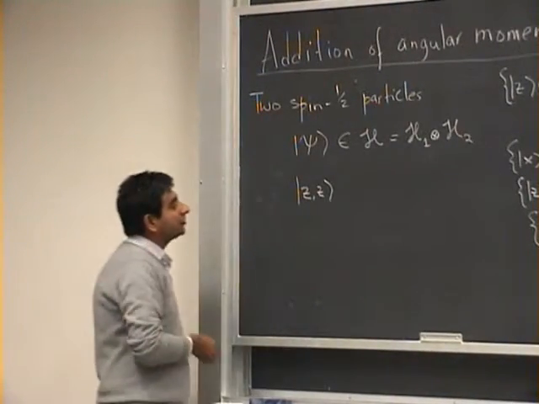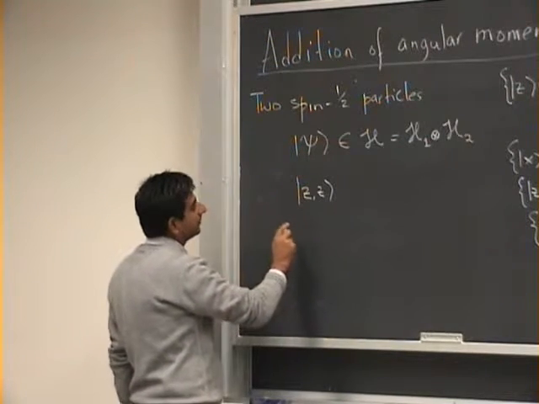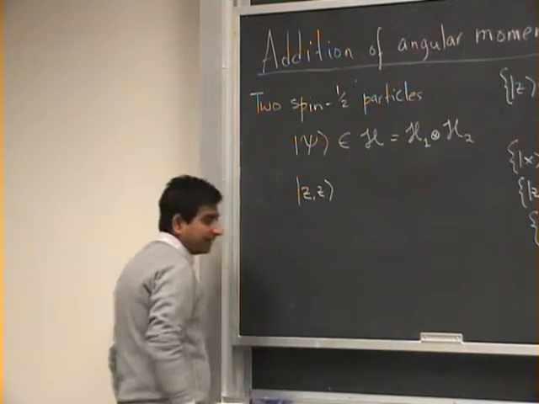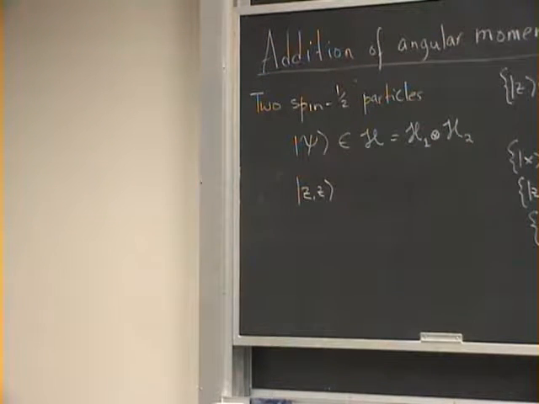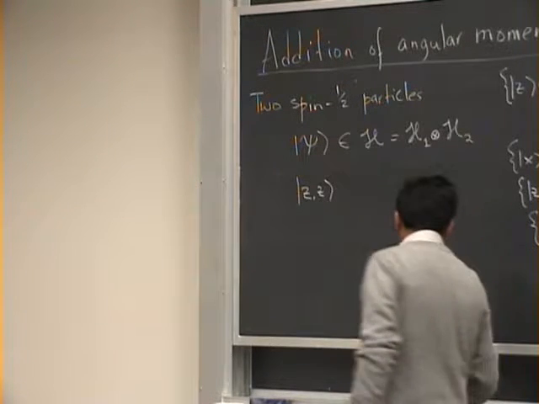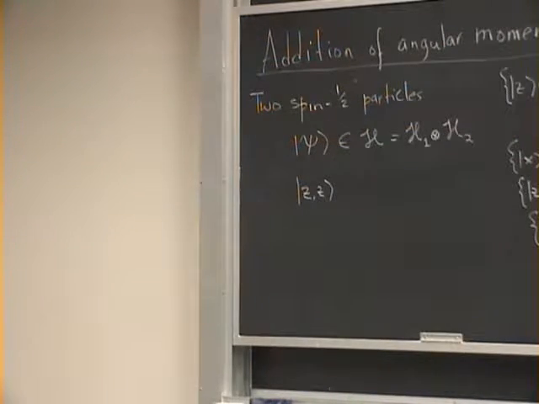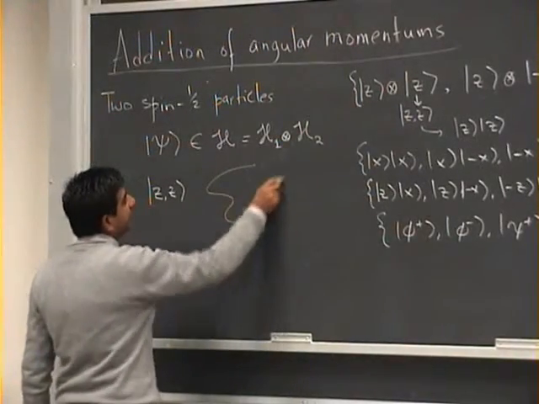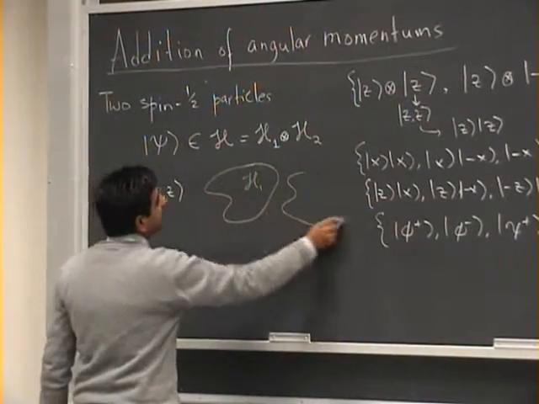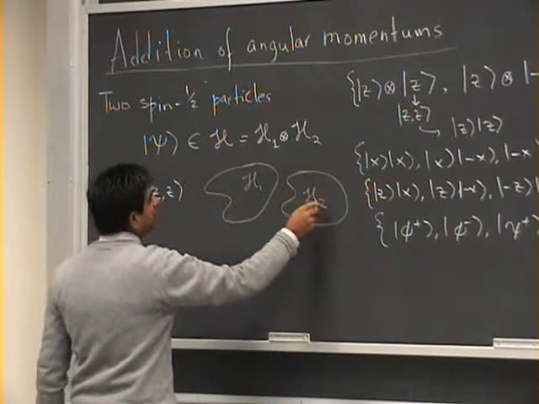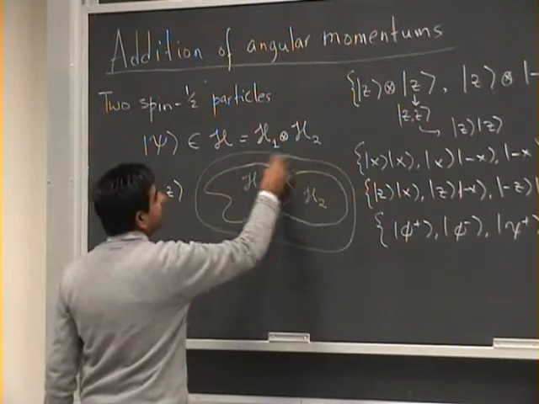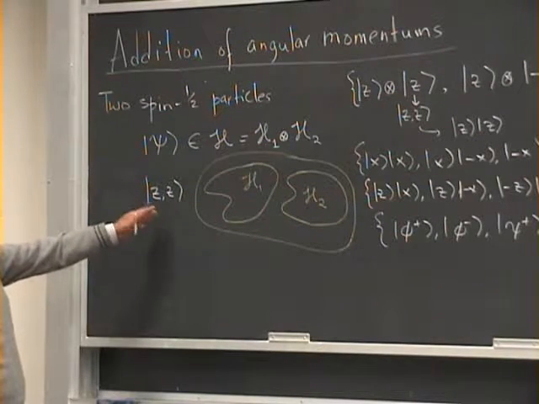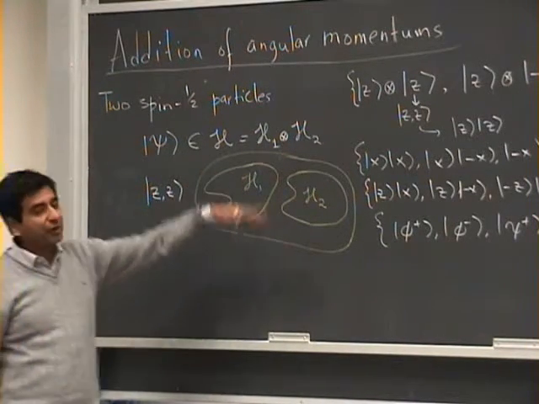And if I just draw the Hilbert space very schematically, very roughly, what I will obtain is that this is a Hilbert space H1, this is another Hilbert space H2, okay? And the joint Hilbert space comprises both of these Hilbert spaces, and this state lives in the joint Hilbert space.